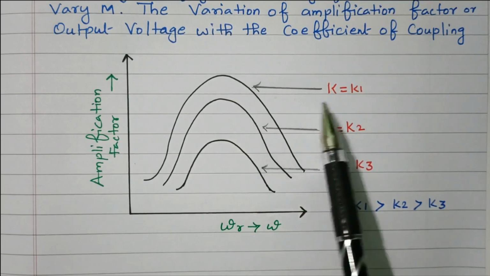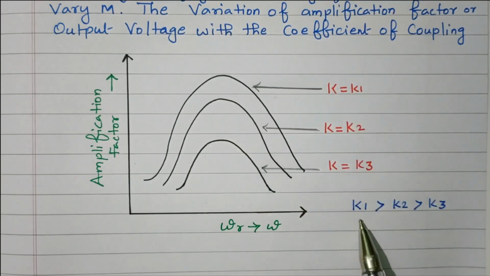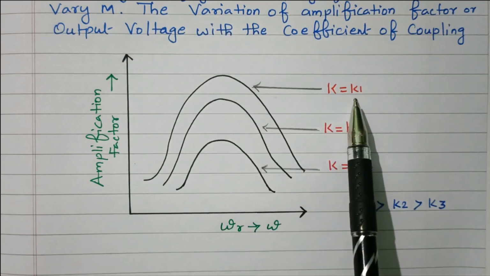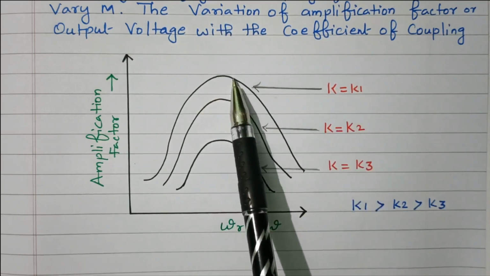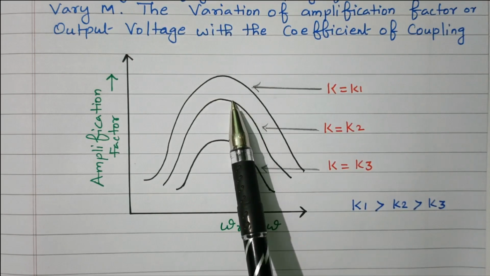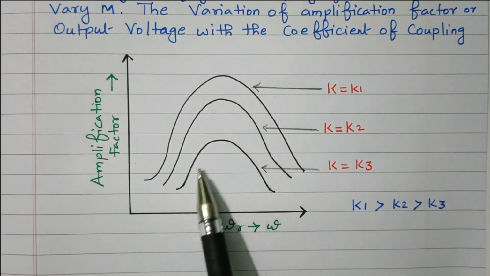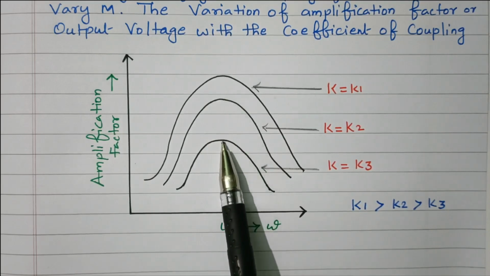So K1 is maximum. K2 is less than K1. K3 is less than K2. So accordingly we got the amplification also. K1 is the maximum value, so we are getting maximum amplification. K2 is lesser, so the amplification factor is also lesser. K3 is very lesser, so the amplification factor is also lesser.